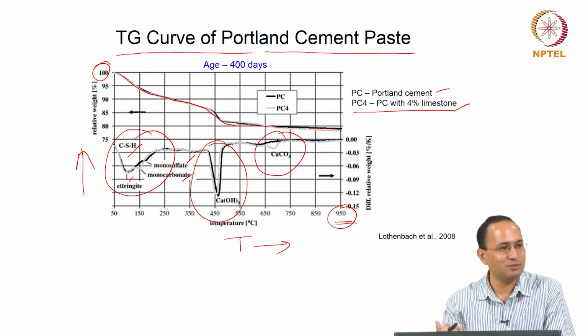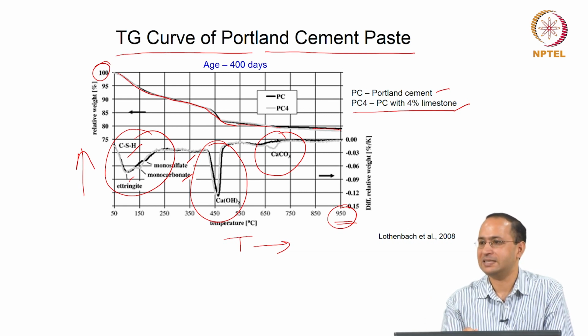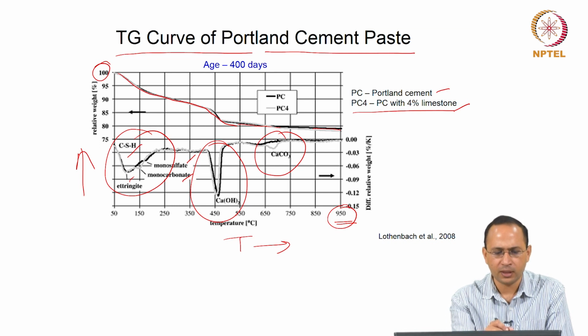Obviously you have more limestone, so you are going to see more mass loss because of limestone, calcium carbonate, right. So, this is evident. Whenever you see a peak at around 450, it is because of Portlandite, calcium hydroxide, because OPC will hydrate and form CSH and calcium hydroxide.